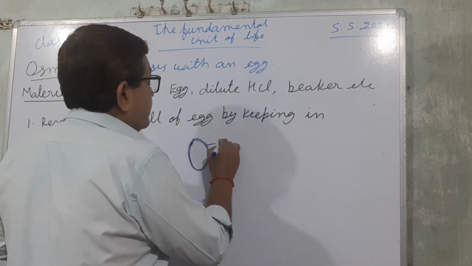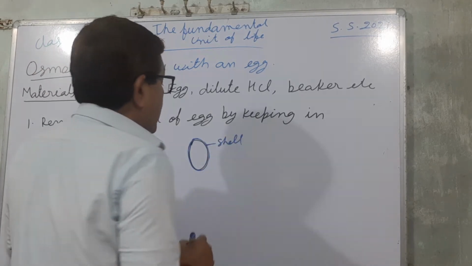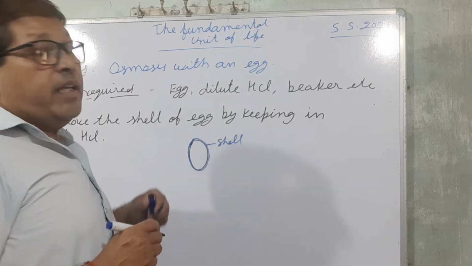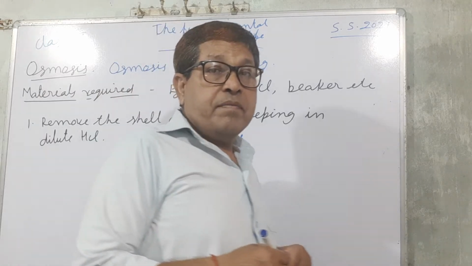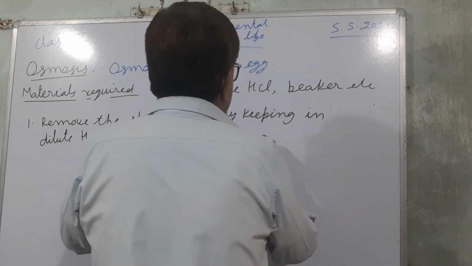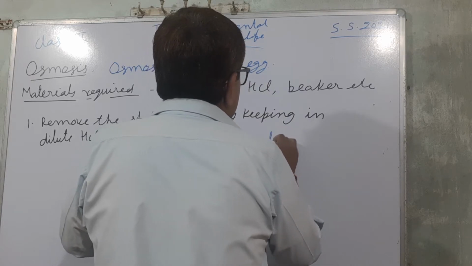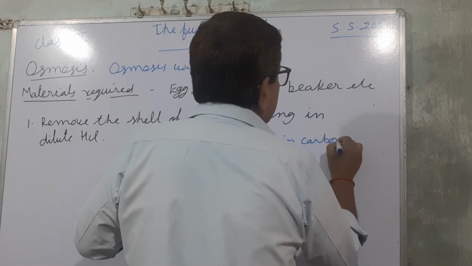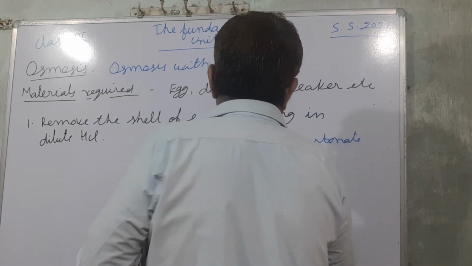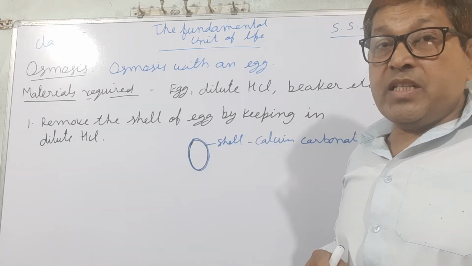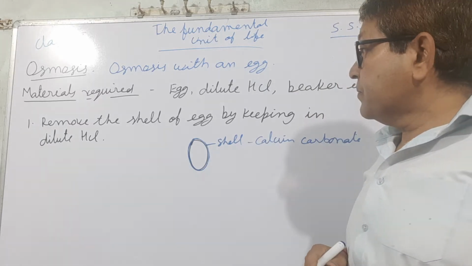The shell of the egg is made up of calcium carbonate.